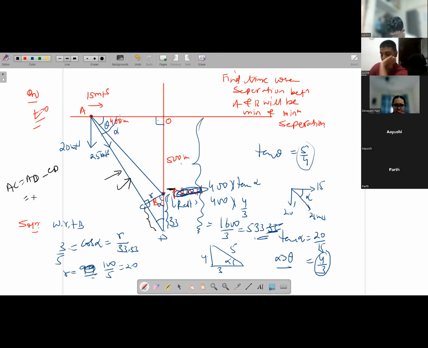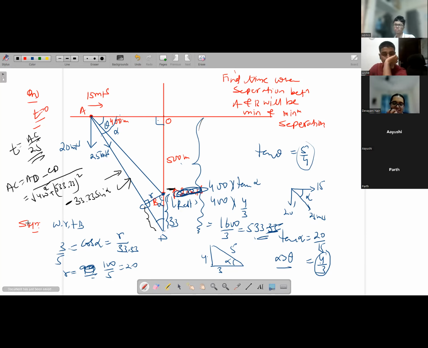AD is under root 400 square plus 533.33 whole square, and minus CD. Sin alpha is this upon this, so CD is 33.33 into sin alpha. So you can find time equal to AC upon 25. That is how you can find. I'm not going to calculate this thing.